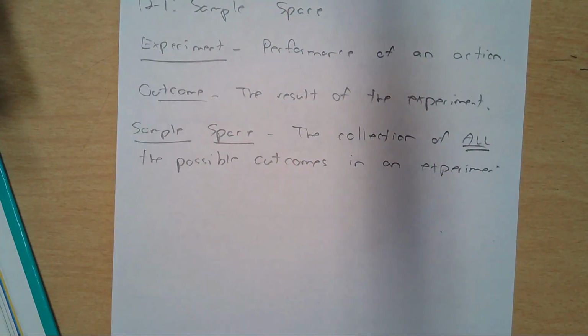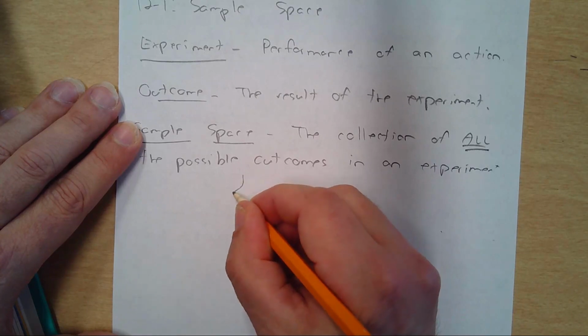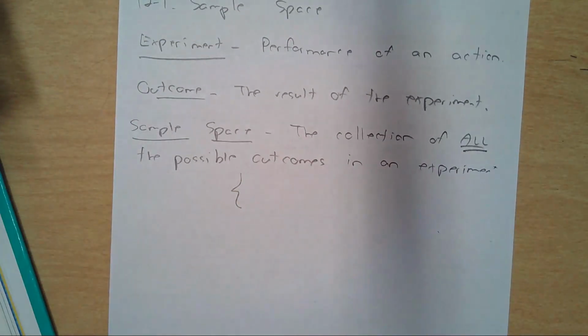So stick with the coin one more time here. When you see sample spaces, again, I am not terribly bent out of shape about this, but they're put in the solution set brackets. So what are all the possible things that could happen if I flip a coin? Heads or tails.